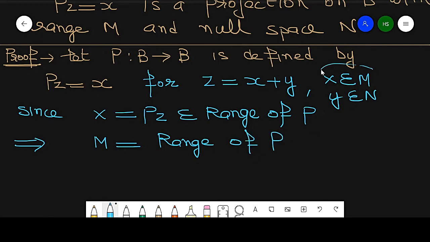Because every vector of M belongs to the range of P. So M is the range of P.